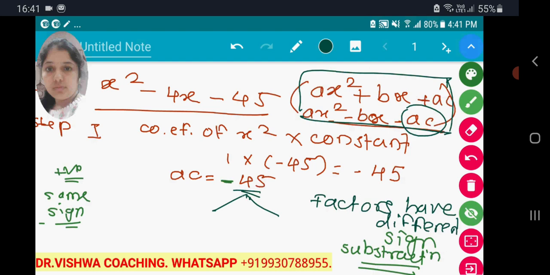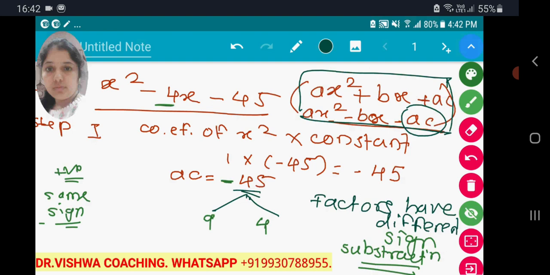So 15 3s are 45, but 15 minus 3 gives us 12, which is not 4. So we have to factorize it in such a way that the two factors' subtraction should be 4. So 9 5s are 45, and 9 minus 5 is 4.